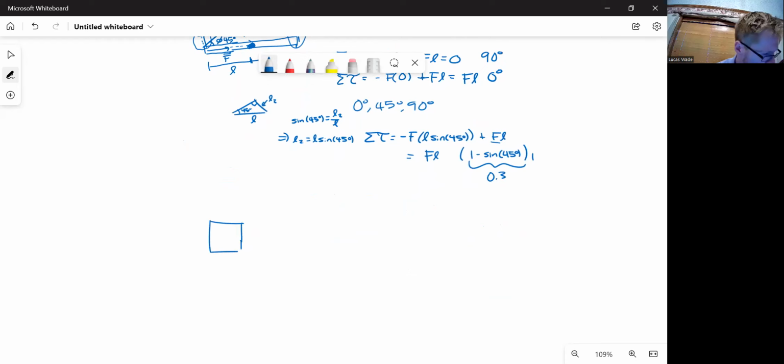We're asked to rank or determine where the translational acceleration is 0 but angular is not, translational is not 0 but angular is, and then both are 0. So I'll draw these in.